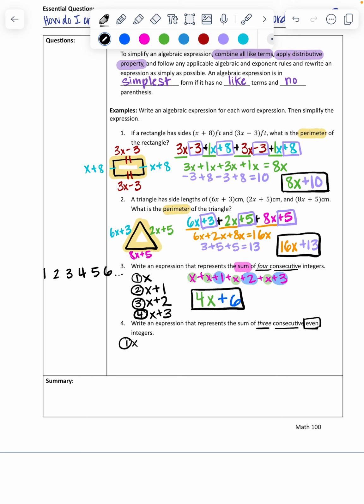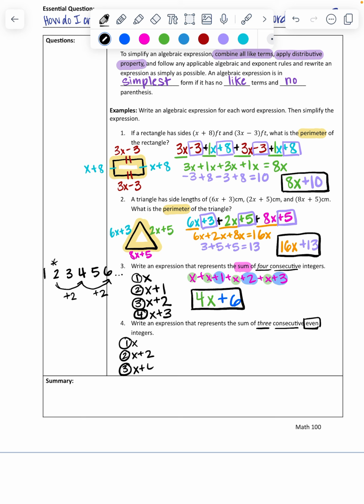So let's again use the example of 2. If this is my starting integer, how many do I have to add to get to the next consecutive even integer? Well, the next consecutive even integer is 4, so I would have to add 2. And then another 2 to get to the next one. So if my first one is x, my second one would be x plus 2, and my third integer would be x plus 4.